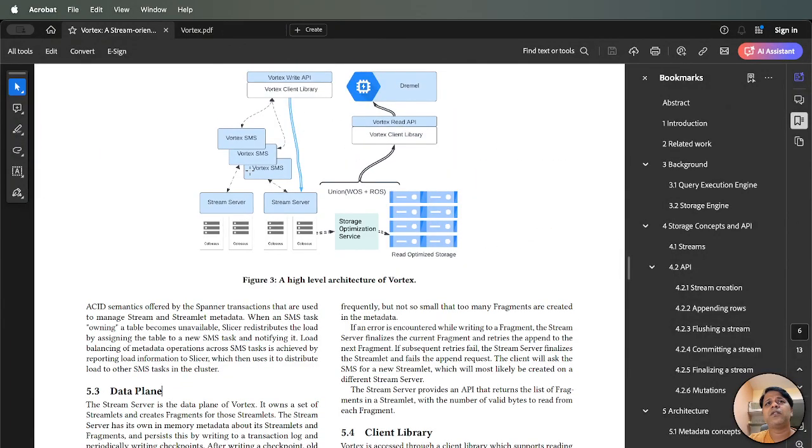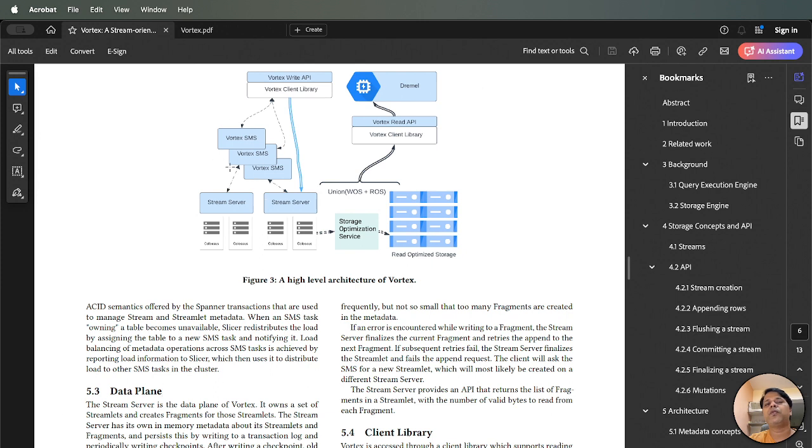Once the write request comes in, the coordination is given to the stream server, which initially assigns the writing of the fragments and streamlets. Now the client can directly talk to the stream server. There is no need for this component. All the data writing happens from the client to the stream server.